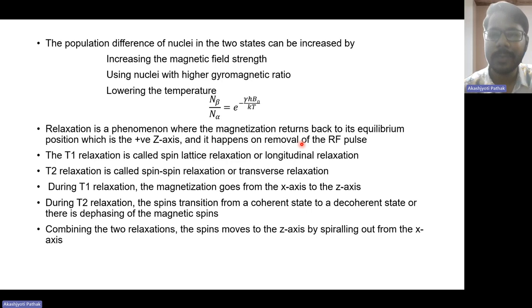Why are they called RF pulses? Because these RF radiations are applied for a very short duration, in the microsecond time scale. That is why they are called RF pulses.